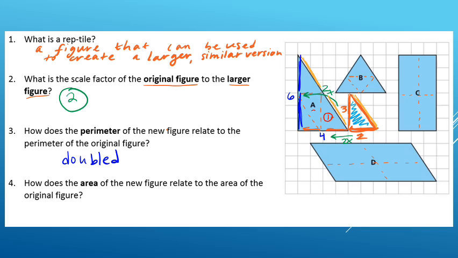So again, 1, 2, 3, 4 copies here. And that means that the area from the original, this initial reptile, to the larger shape is quadrupling. Or you could also note times 4, just like above how you could notice it's times 2 to double.